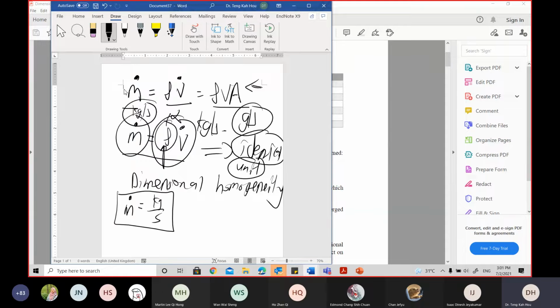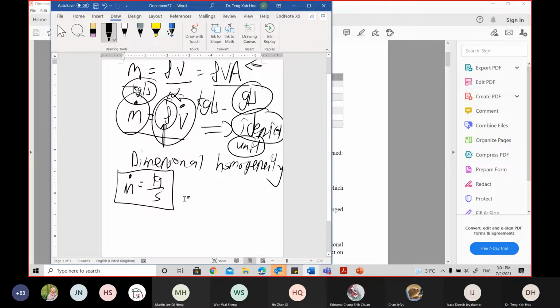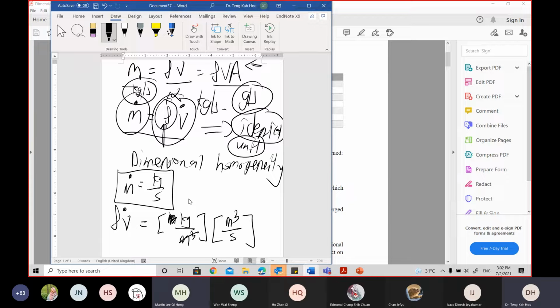So when you have rho V dot, the volume flow rate, where is rho? kg over meter cubed, times your volume flow rate, meter cubed over second. So you cancel off and at the end you get kg per second. So you prove that this and this have dimensional homogeneity.